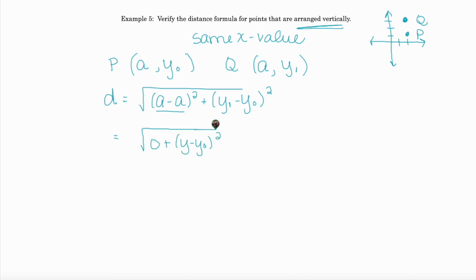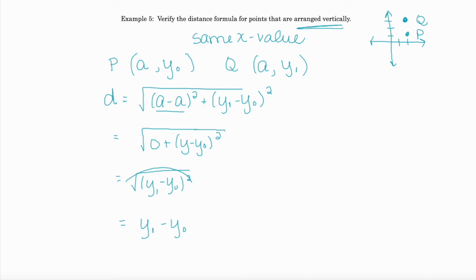And 0 plus anything is just the anything itself. So I have the square root of y sub 1 minus y sub 0 squared. I know the square root and the square undo each other. So it is just the difference in y values.